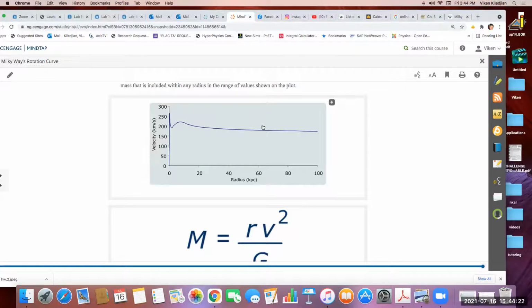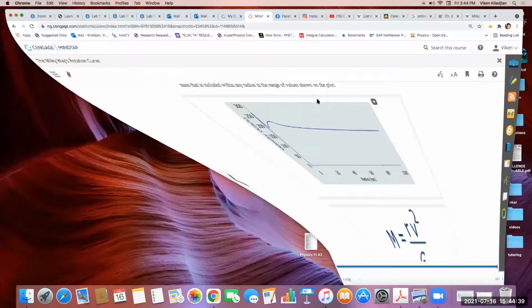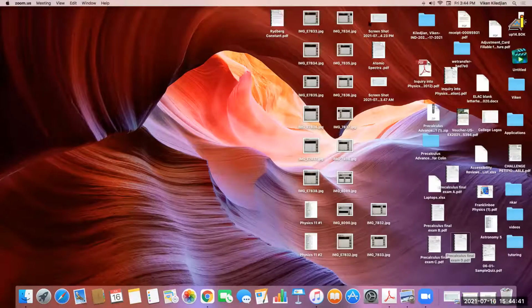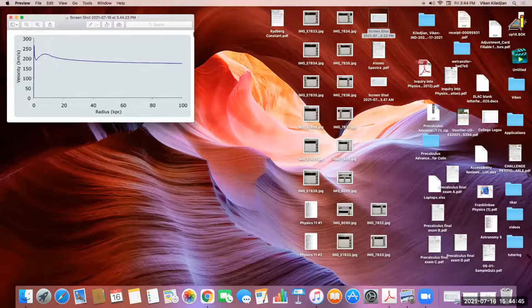Take a screenshot of it, so that I can then make lines on it. Okay, so then it will appear on my desktop. Okay, then enlarge it.